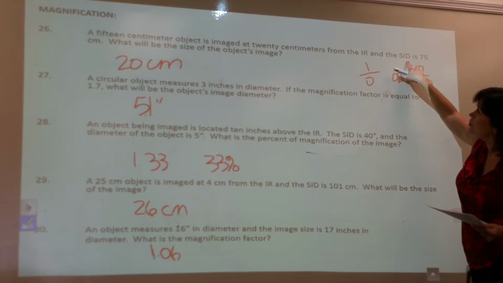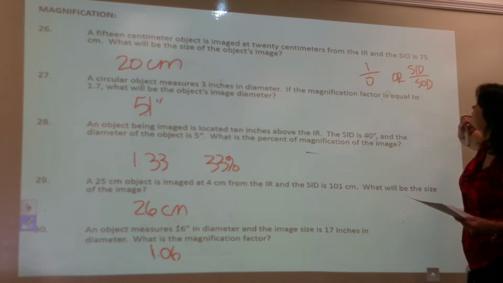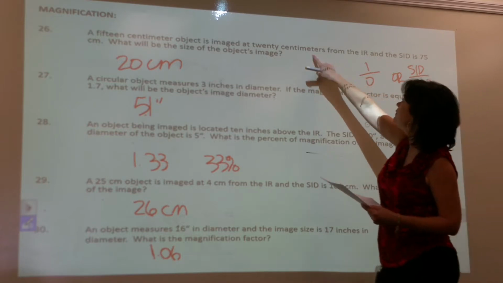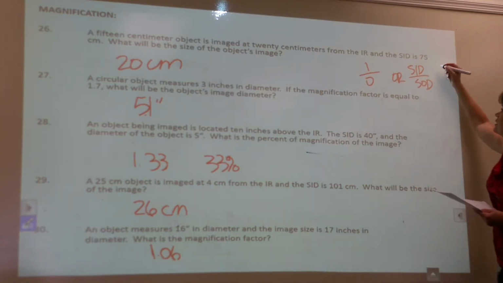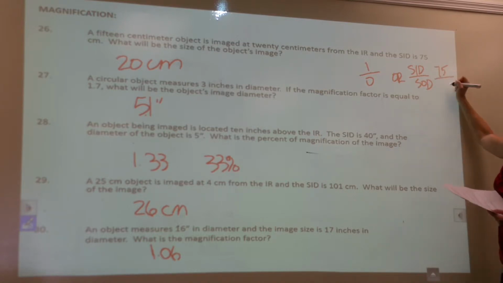I gave you SID, and you gave us OID, 20 centimeters from the IR. So the SID is 75, and the SOD, this is where you're going to mess up, so be careful with this. SID over SOD, so what is the SOD? 55, yeah.